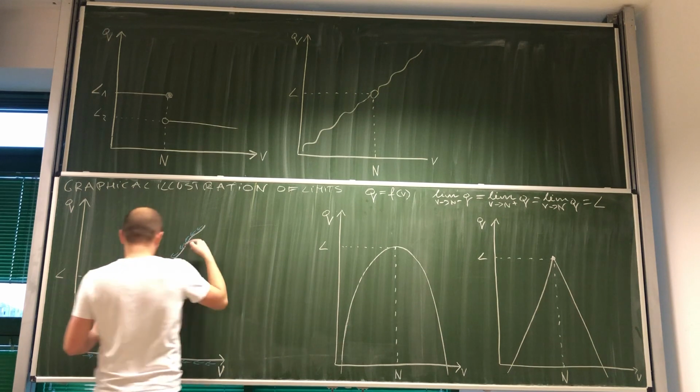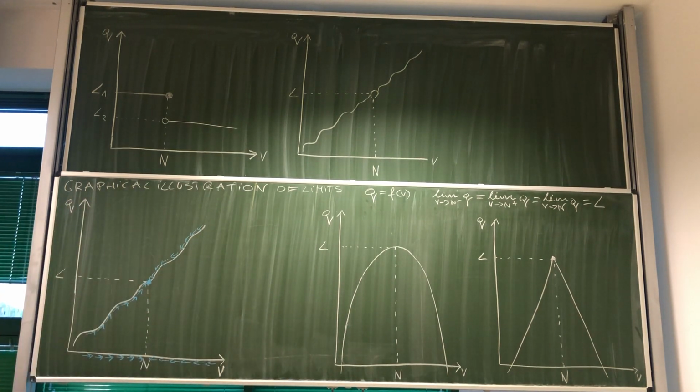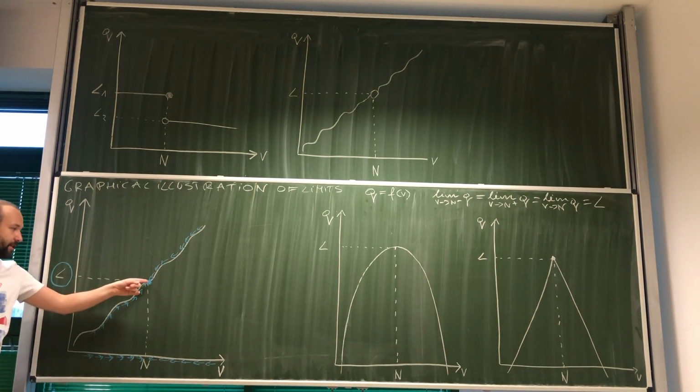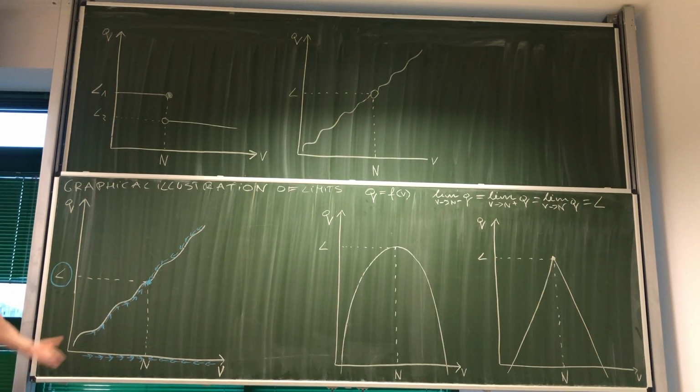This indicates that it doesn't matter from which side we evaluate the limit, we always end up at the same point. And it turns out that in this case, L is actually the limit of this function. So in this case, we can say the limit at n exists, and it's equal to the specific value L.